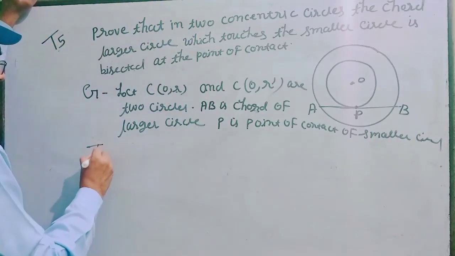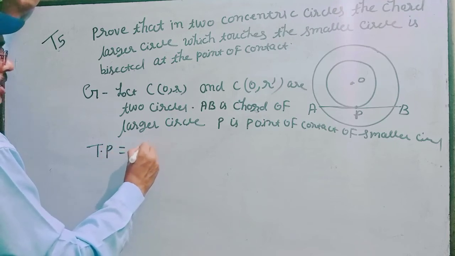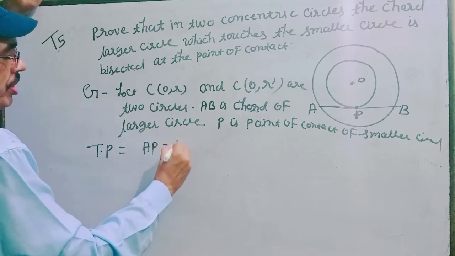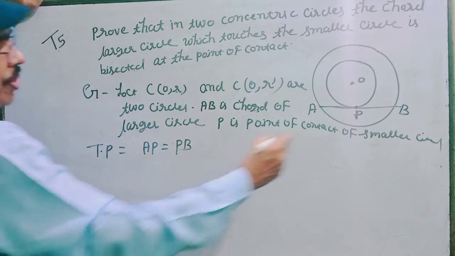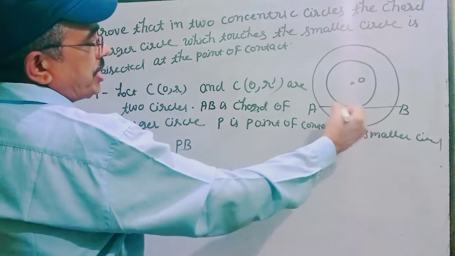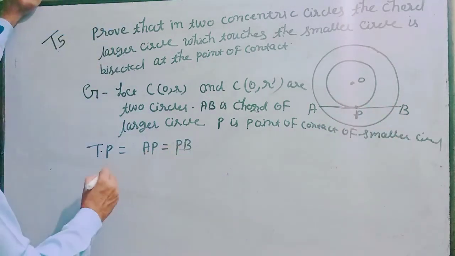Then you have to prove that AP is equal to PB. The point of contact is P, then it is bisected, so AP is equal to PB.